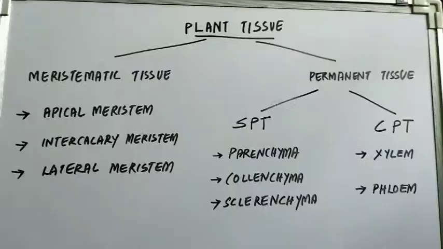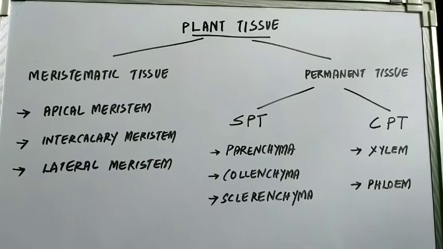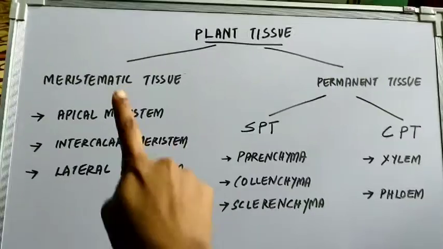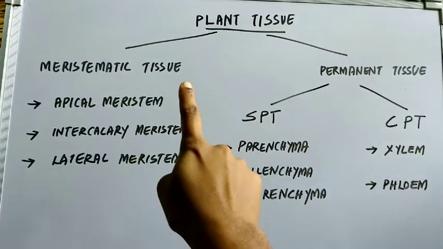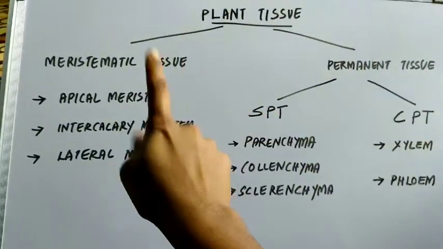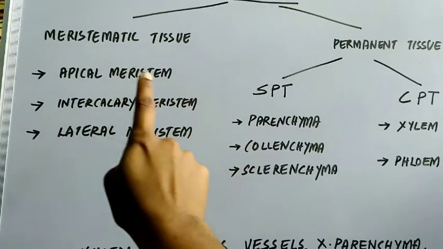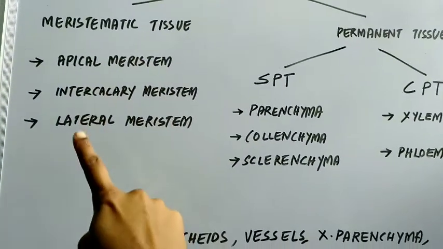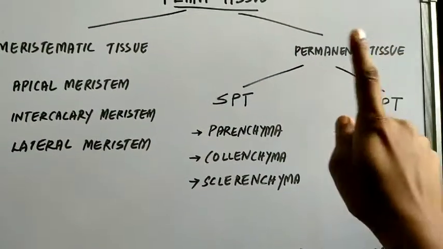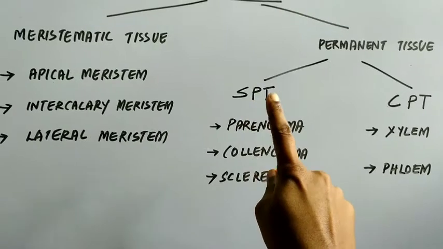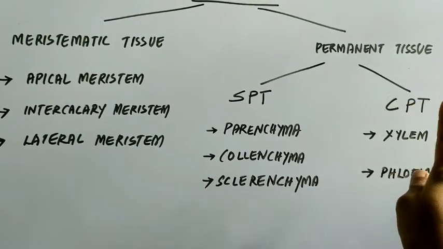Okay. So finally, let us have a quick revision of what we learned in plant tissues. Plant tissues are mainly of two types: meristematic tissue and permanent tissue. Meristematic tissues, based upon their position, are apical meristem, intercalary meristem and lateral meristem. Permanent tissues are of two types: simple permanent tissue and complex permanent tissue.